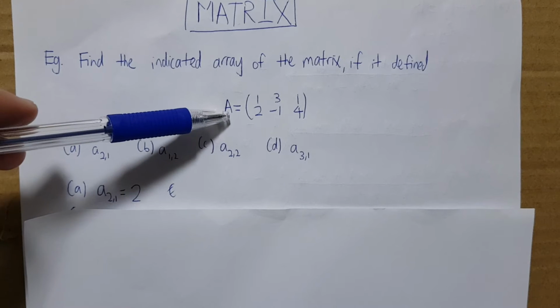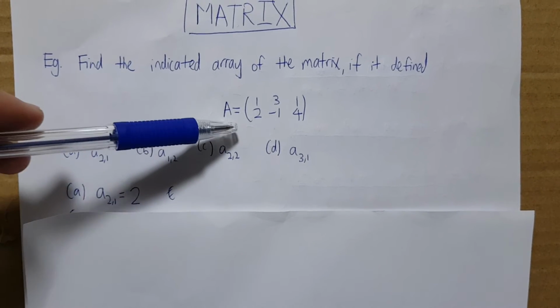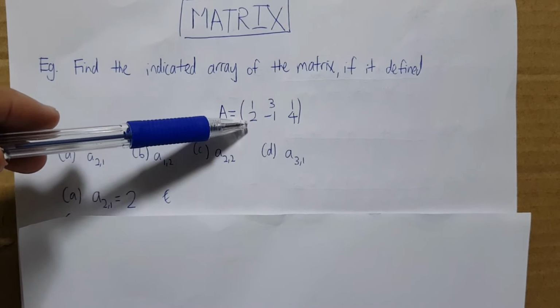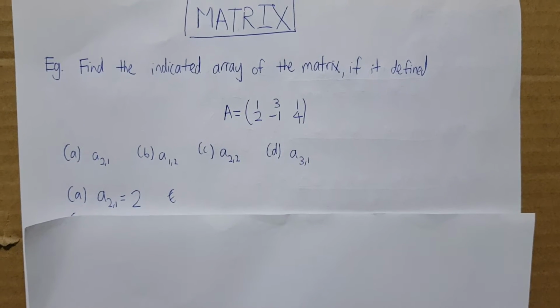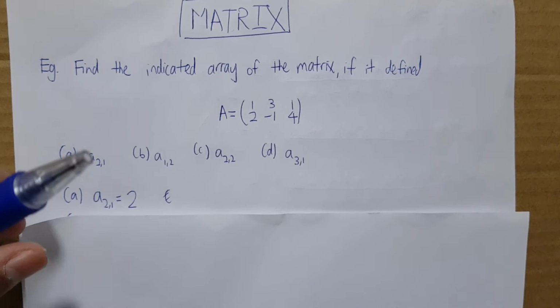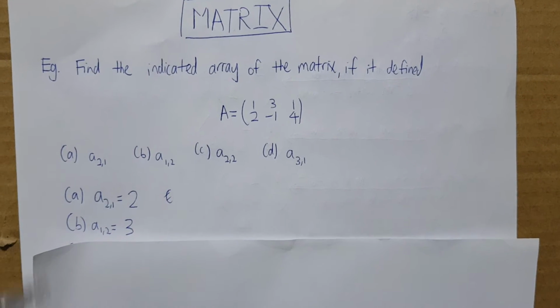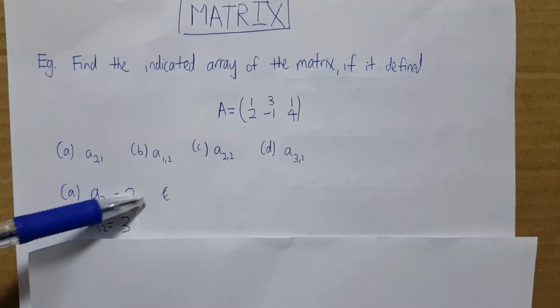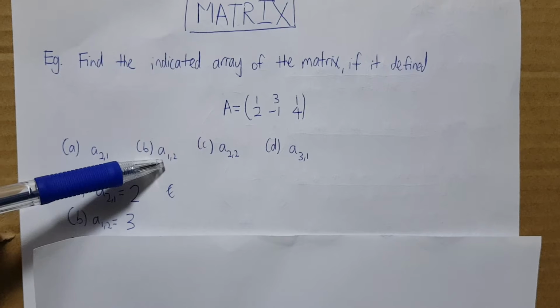Because we want the entry of the second row and the first column, which is here. So this is 2. For the next one, what is the answer? It is definitely 3.